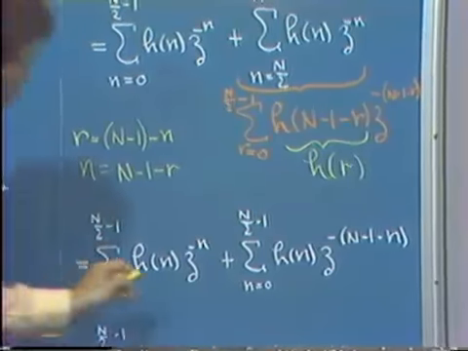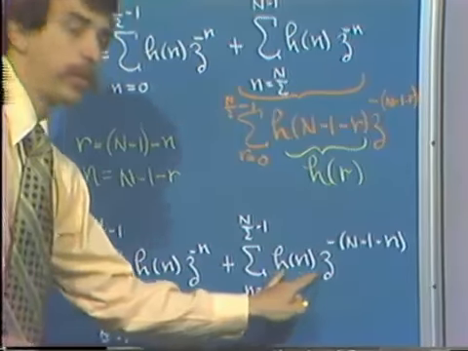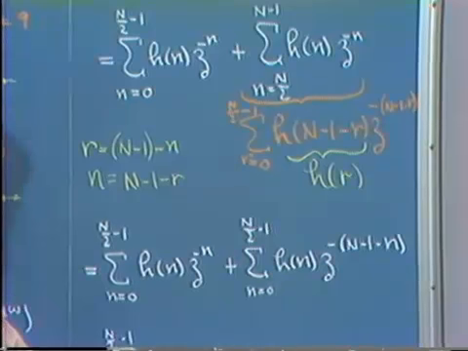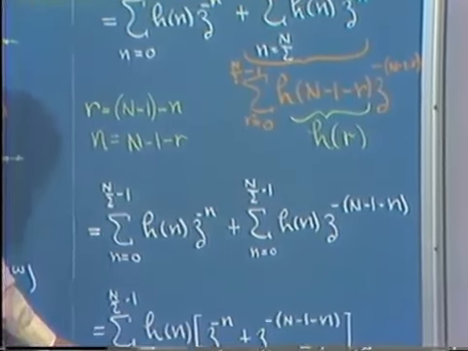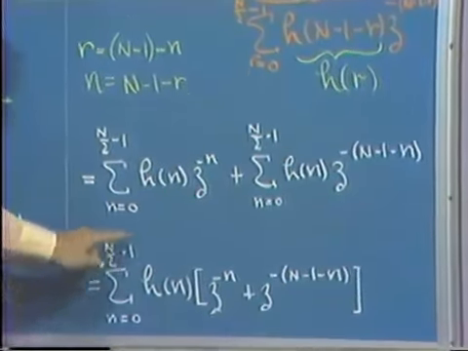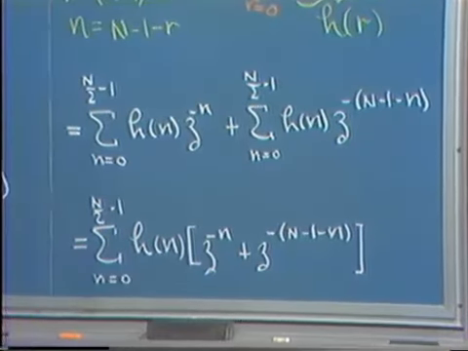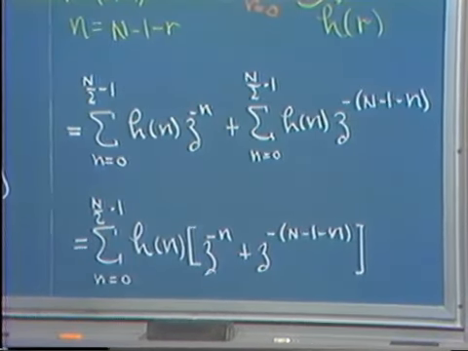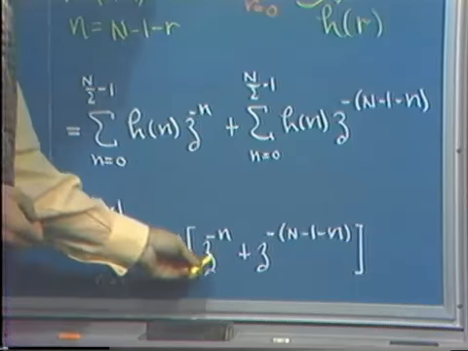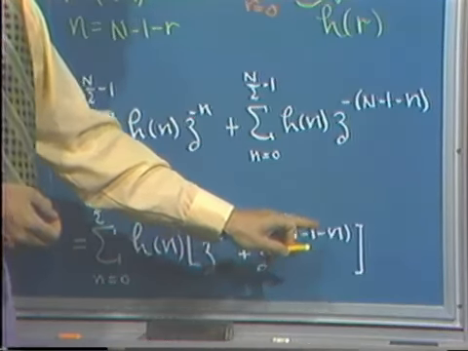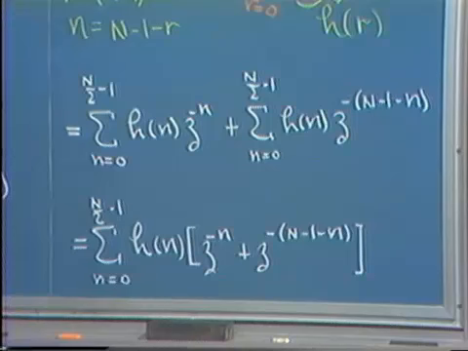And now, because we have h of n appearing in both of these sums, we can combine them into a single summation from 0 to N over 2 minus 1 of h of n, the values of the unit sample response, times z to the minus n plus z to the minus capital N minus 1 minus little n.